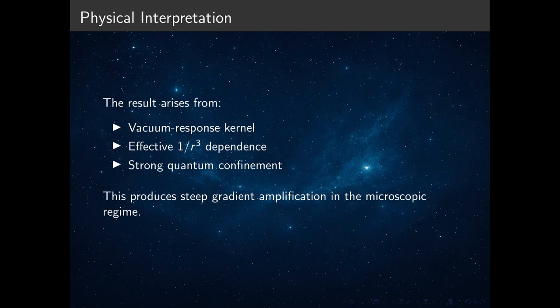This result reflects a strongly amplified acceleration at atomic scales arising from the combined effects of the vacuum response kernel and the effective 1/r³ spatial dependence, which produces extreme localization of the field gradient in the quantum regime.